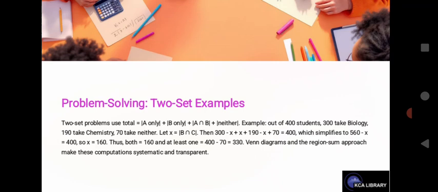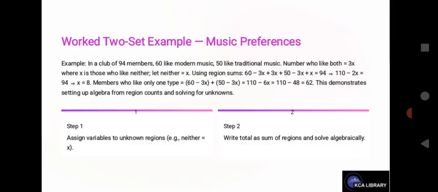Now, you can use Venn diagrams to solve questions that are related to life. For instance, if I say in a club of 94 members, 60 like modern music, 50 like traditional music, I may ask you to calculate the number that like both.